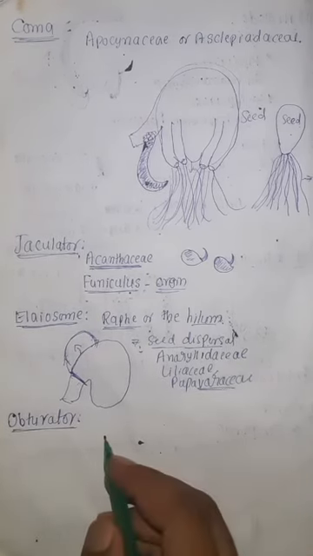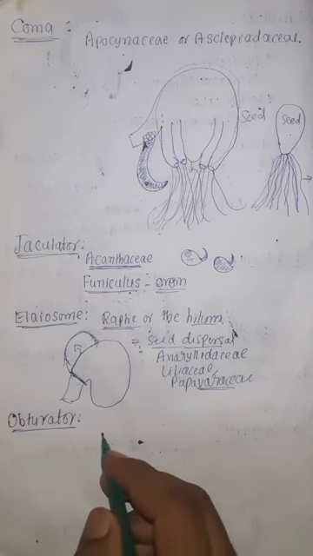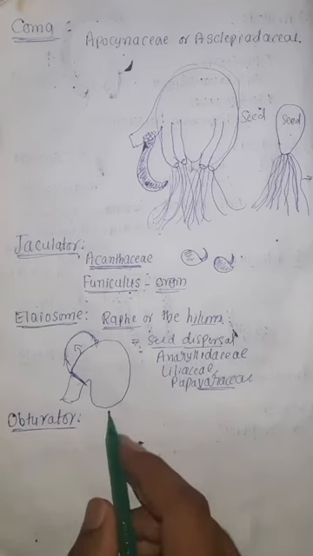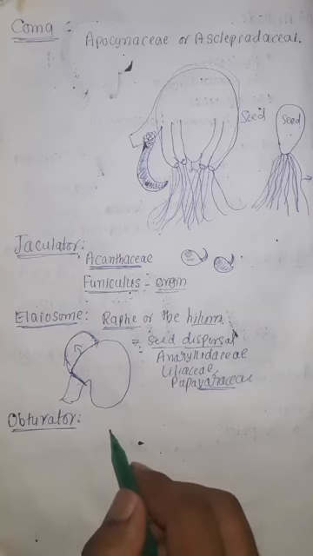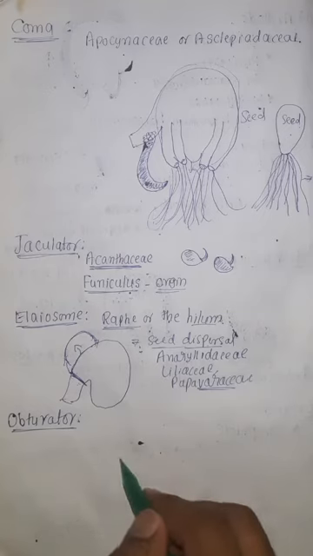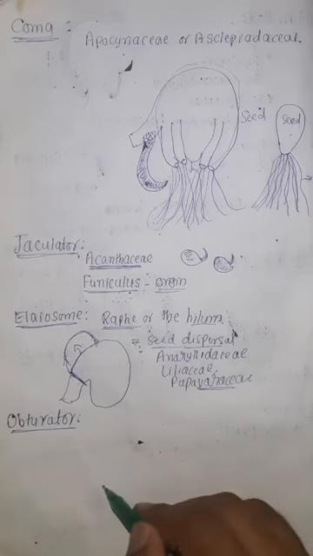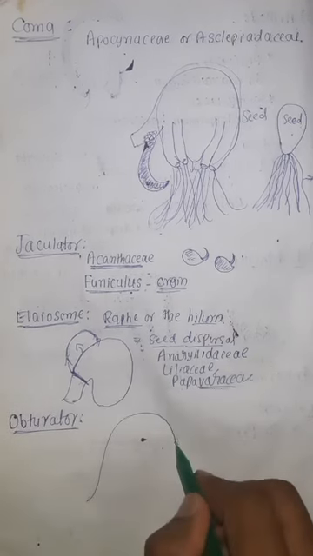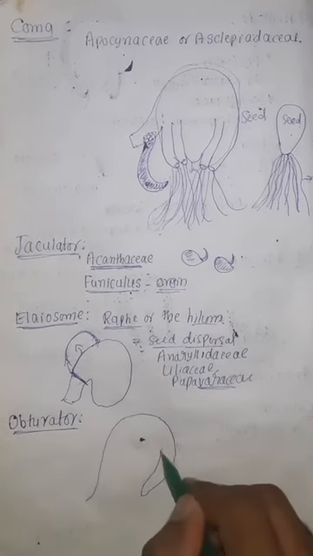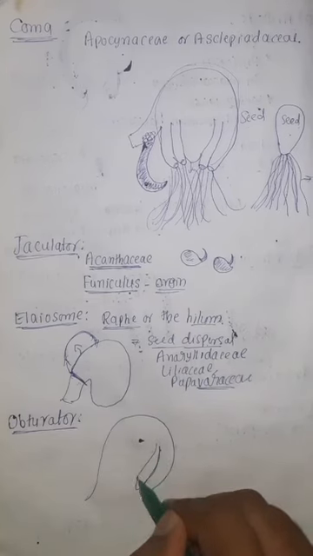It is the structure which is generally associated with the function of directing the growth of the pollen tube, useful for directing the pollen tube towards the micropyle.